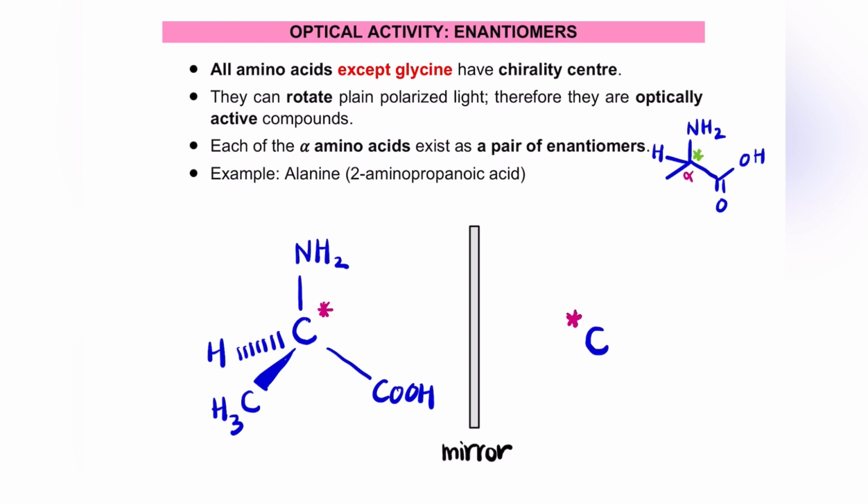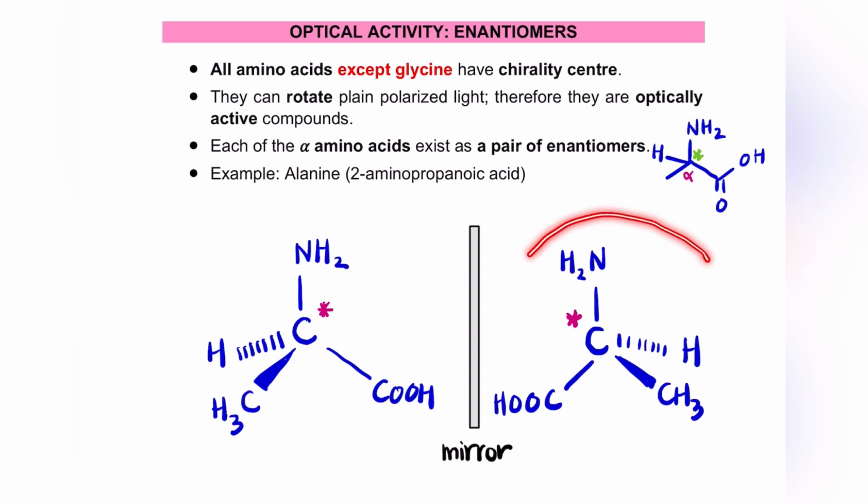After that, we have NH2, and then COOH. We have the wedges attached to CH3, and the dashes attached to hydrogen. Make sure your isomers are in tetrahedral form. So this is our optical activity based on the structure of alanine.